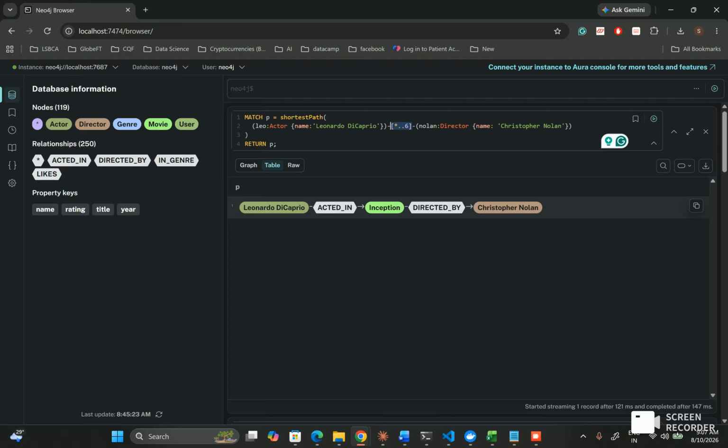If there is something linked to Christopher and Leonardo, it will show you, up to 6. If it goes beyond that, it will stop. So far, we have learned the vocabulary: how Neo4j works, and how it is similar to SQL.